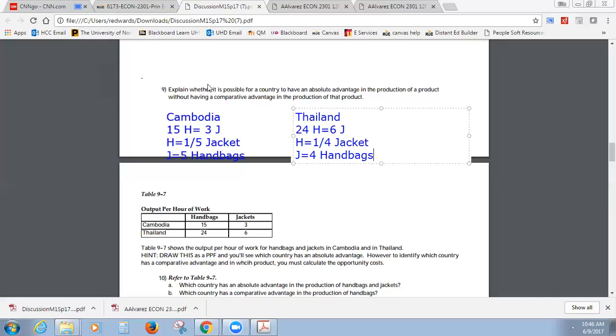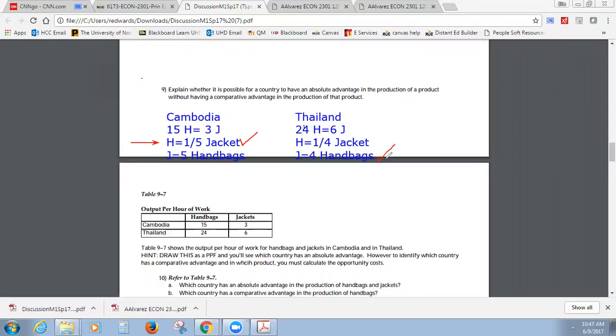Whoever has a lower opportunity cost. So here, who produces handbags cheaper? If we look here, Cambodia is 1/5 of a jacket versus Thailand, which is 1/4 of a jacket. 1/5 is smaller than 1/4, so we want Cambodia to focus on jackets, and we want Thailand to focus on handbags.